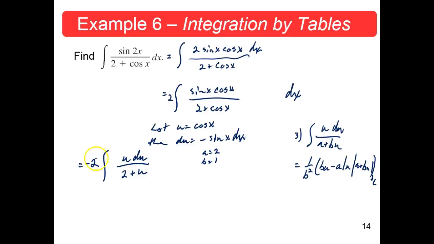So let's see what we've got. Equals a minus 2, and that integral there would be 1 times u minus 2 log absolute value of 2 plus u plus c.